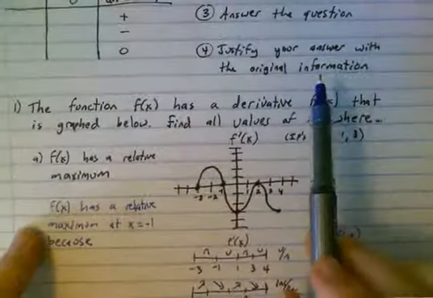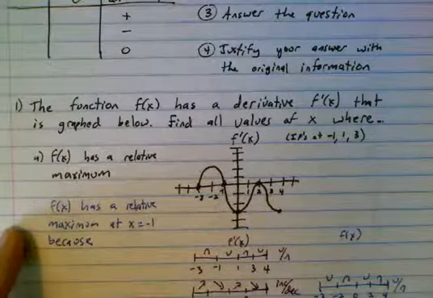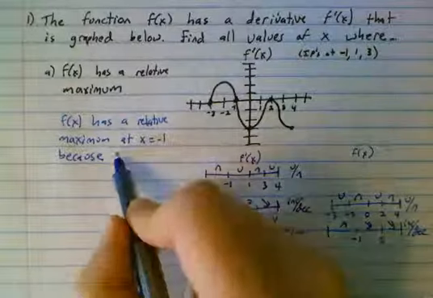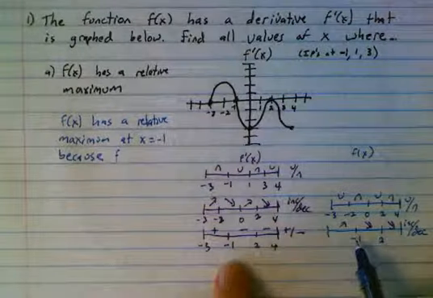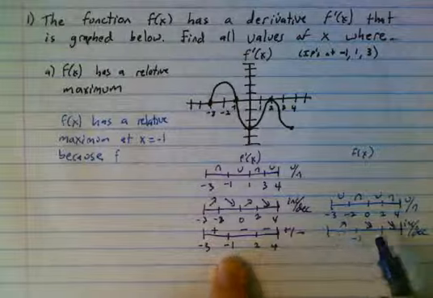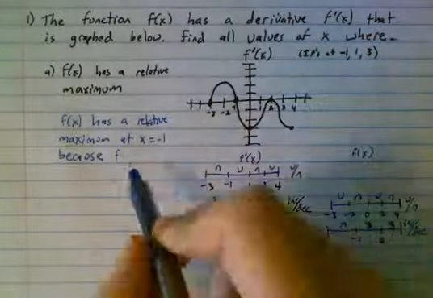And this is the justification part. We need to include stuff from the original information, f prime of x, and also what that means for f of x. So at -1, the reason that we have f of x changing from increasing to decreasing is because f prime of x changes from positive to negative.